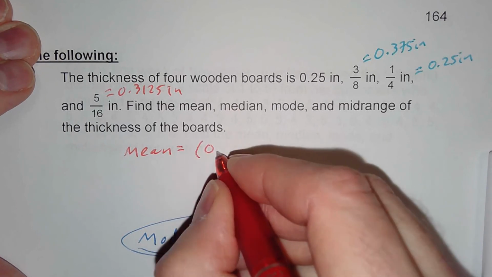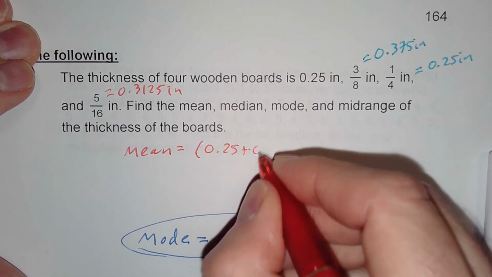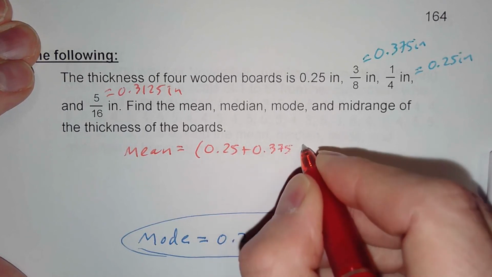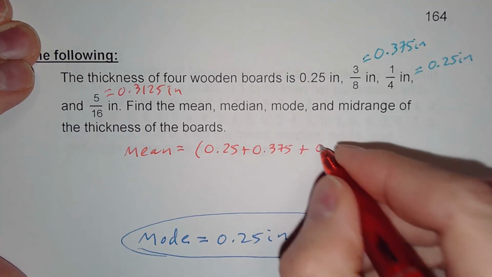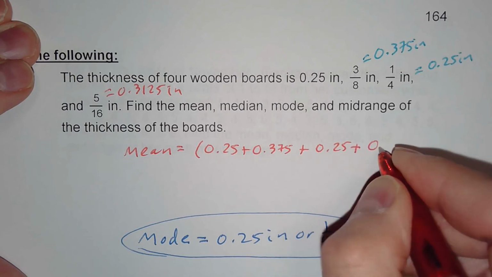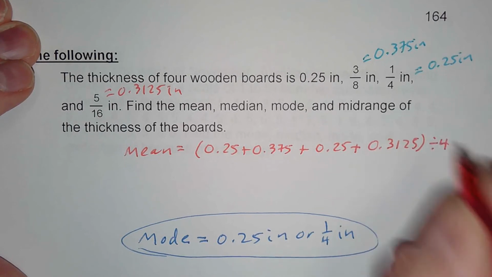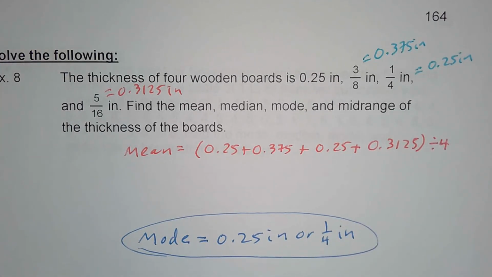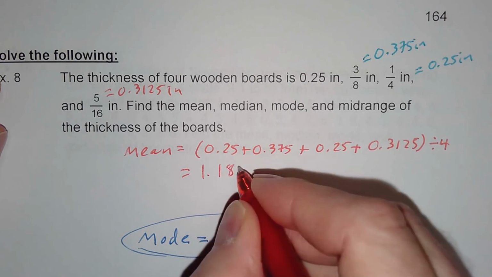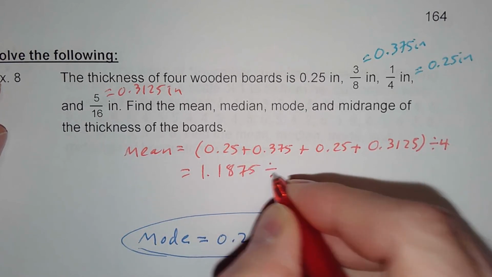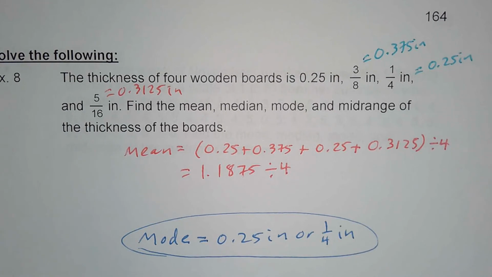And I'm going to go ahead and do them as decimals. Now, if I add those numbers up on the calculator, it gives me 1.1875. Go ahead and divide by 4. Get a big long number.